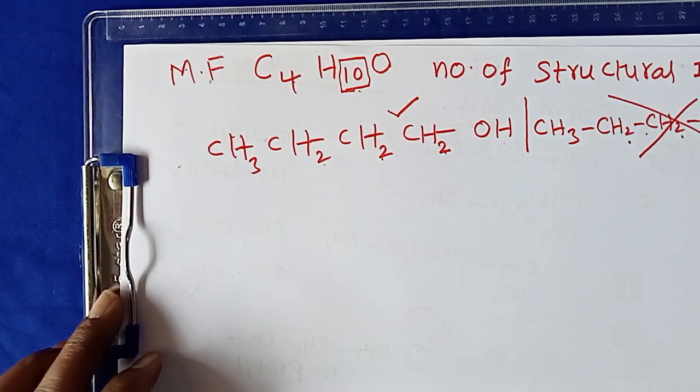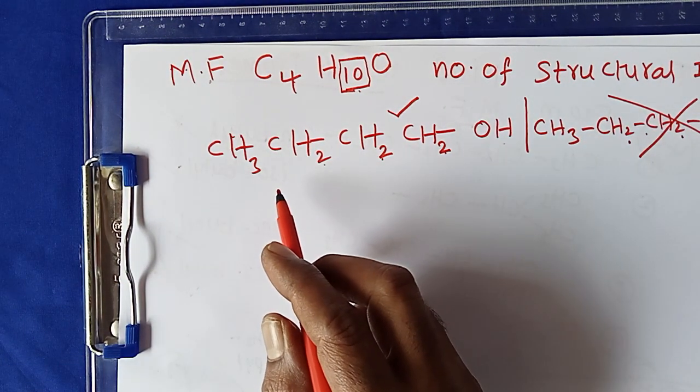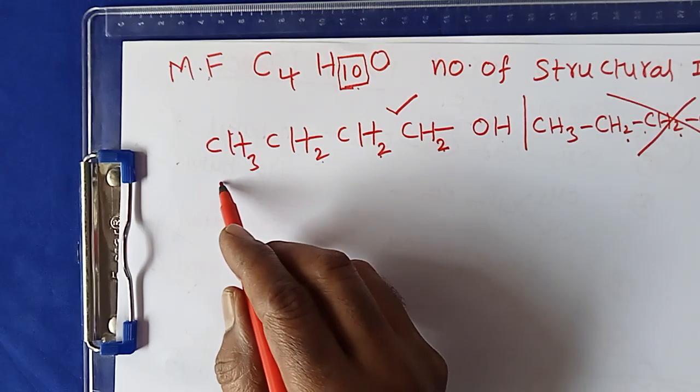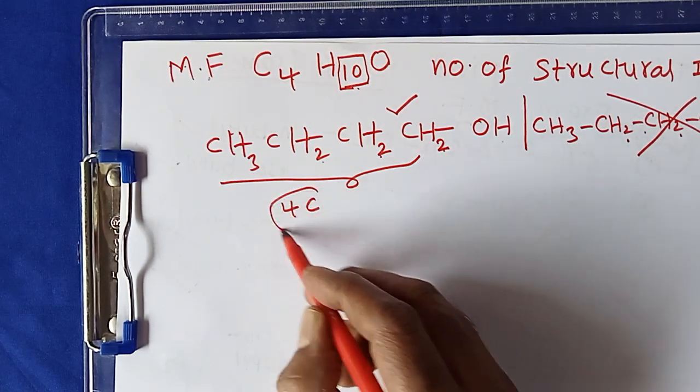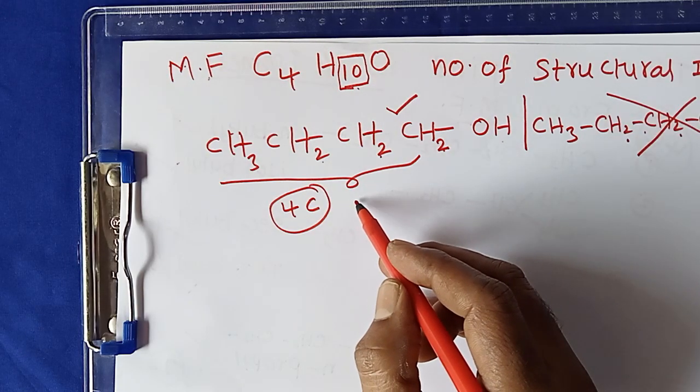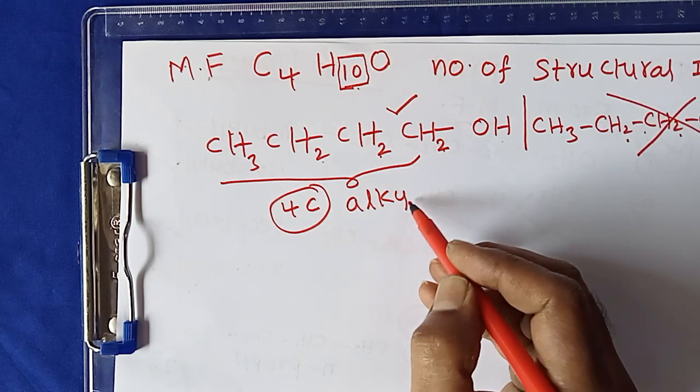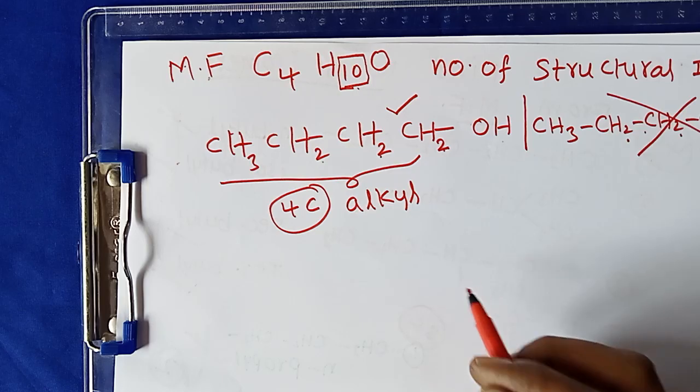Now you see that in the alcohols, I already explained, this is which alkyl group? 4 carbons alkyl. According to 4 carbons alkyl, how many alkyl groups are possible? Total 4.